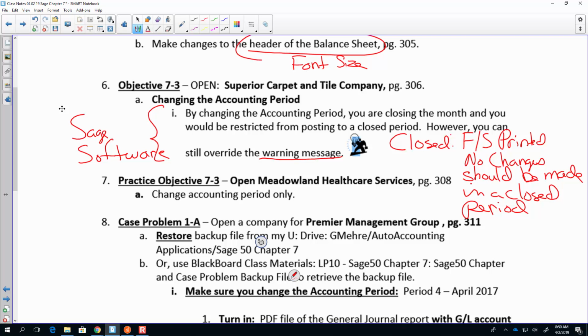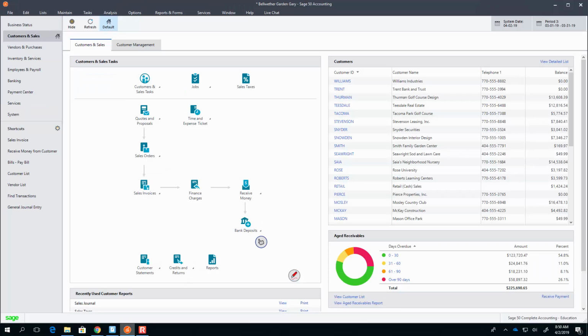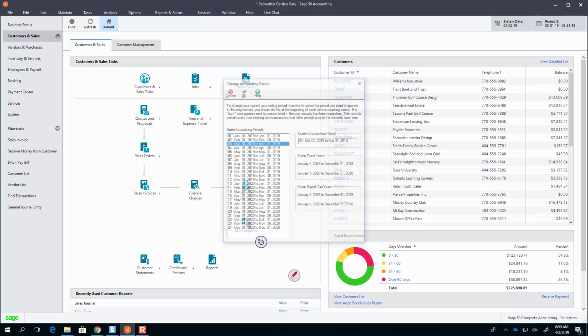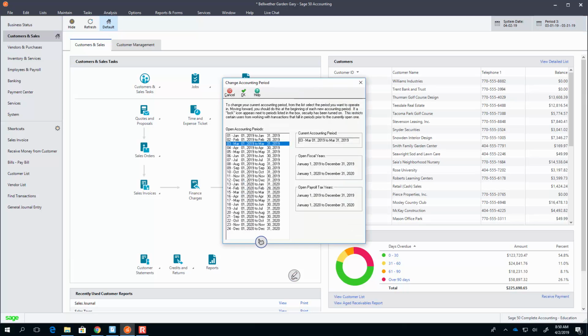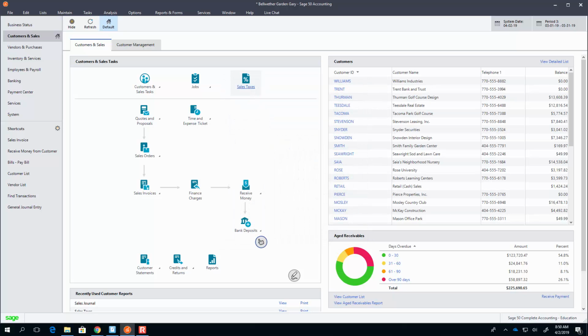This allows you to close a month, and it's very simple. You can just come up to our software. The option is over here on the right side. I can just say, well, that's changing accounting period.